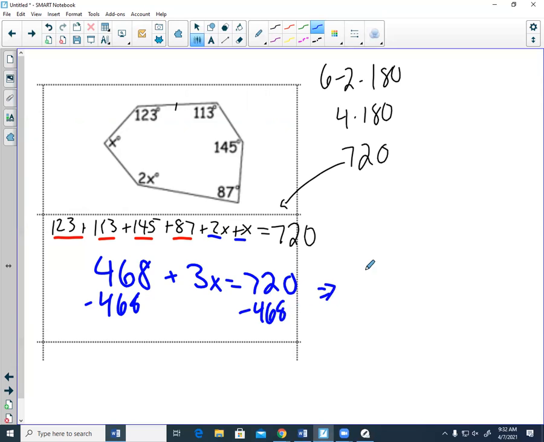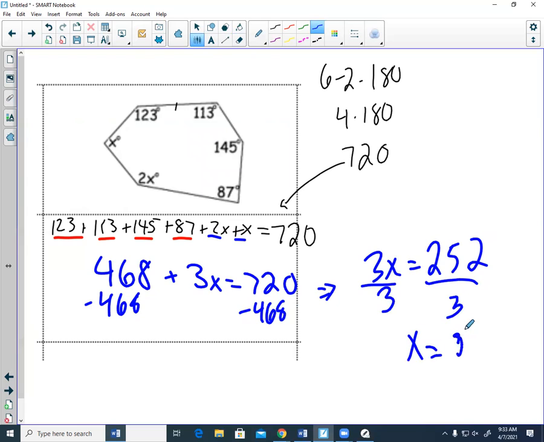And then it's going to give me 3x equals what's 720 minus 468? 252. 84 would be x, correct? So 3x equals 252. 720 minus 468 is 252. So divide by 3, divide by 3, and I get x equals 84.